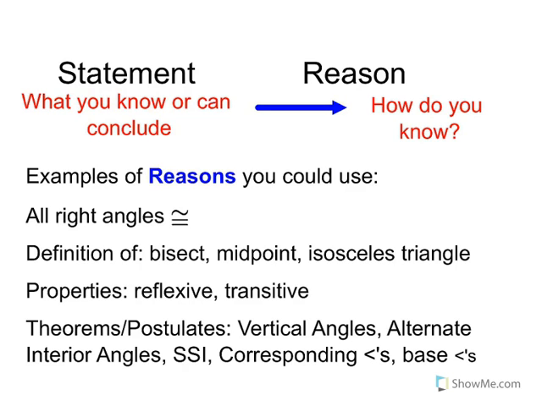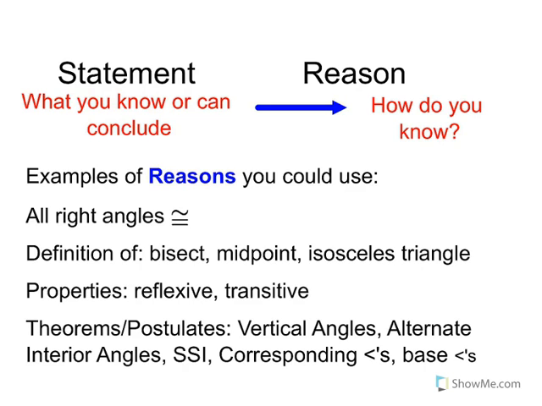So some examples of reasons you could use in these triangle congruence proofs include that all right angles are congruent, definitions, for example, definition of bisect, midpoint, the definition of an isosceles triangle, some properties, the reflexive property, the transitive property, and some theorems or postulates, vertical angles, alternate interior, same side interior, corresponding angles, base angles.